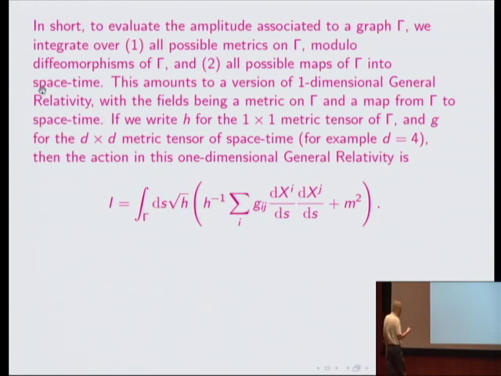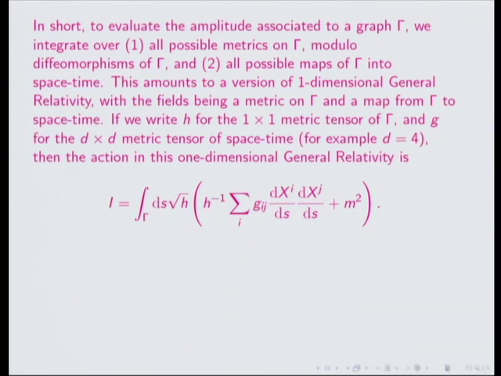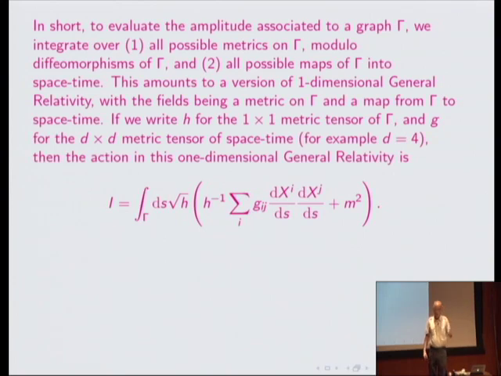And if you're confused about what the H inverse is doing here, in general relativity textbooks, that should be HSS with the indices up. But for a 1-by-1 matrix, raising the indices is the same as taking the inverse of the 1-by-1 metric tensor. So anyway, this is the action for scalar fields X in one-dimensional general relativity.